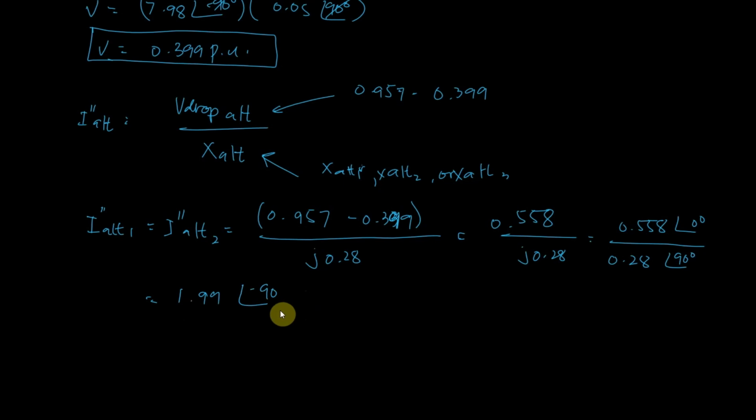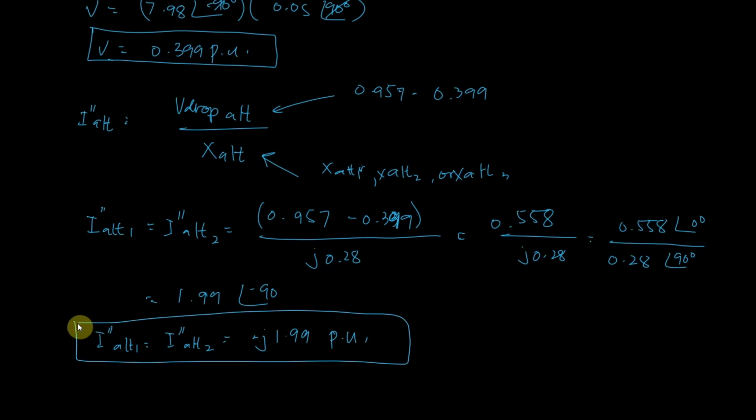Or pag kinonvert natin yan sa ating rectangular form, sub-transient current sa alternator 1 is equal to sub-transient current sa ating alternator 2 is equal to negative j 1.99 per unit. Okay, yan yung para sa alternator 1 and 2.